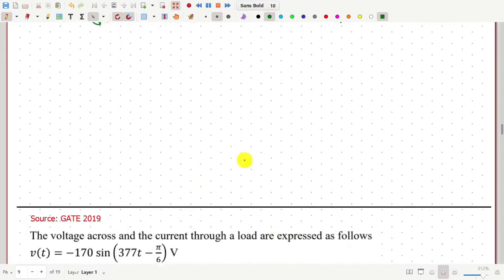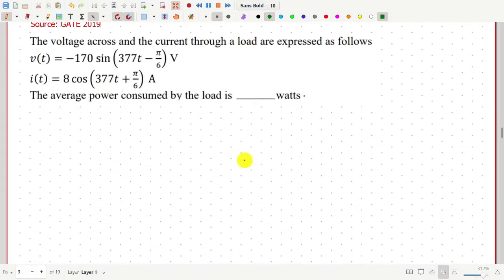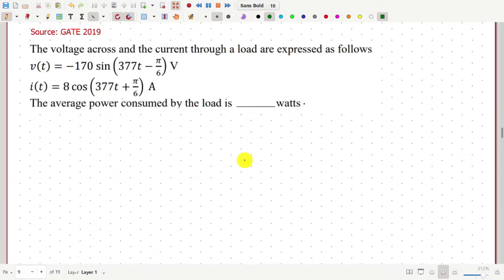Next, this is the second question. The voltage across and the current through a load are given by these two expressions. Suppose here is a load, then the voltage across it is Vt and the current is It.